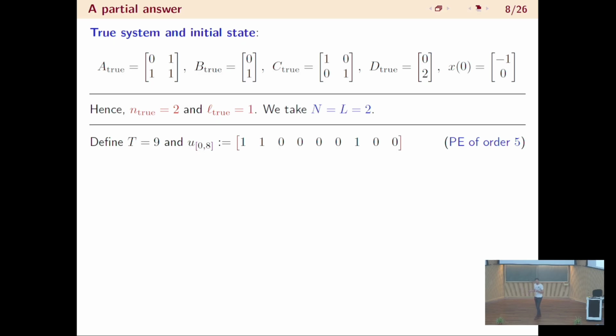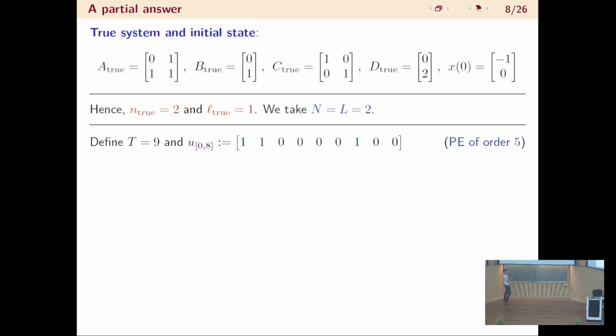And one input that does the trick, I mean, there are many different choices, but for instance, you could choose the input U on 0 to 8 to be 1, 1, followed by zeros, then 1, and zeros. This is an input that is persistently exciting of order 5. Maybe you don't see that immediately.